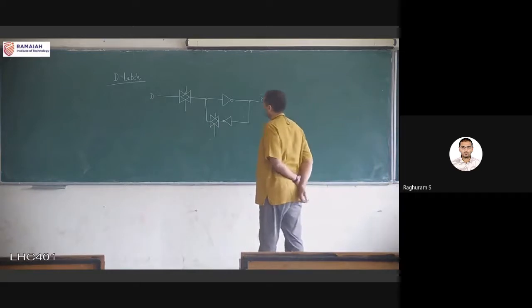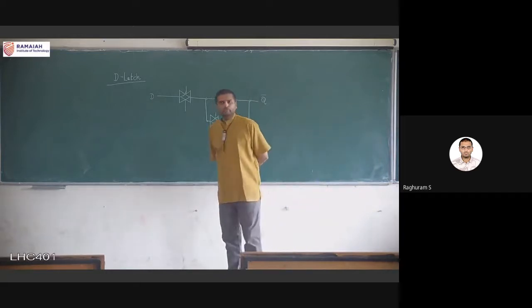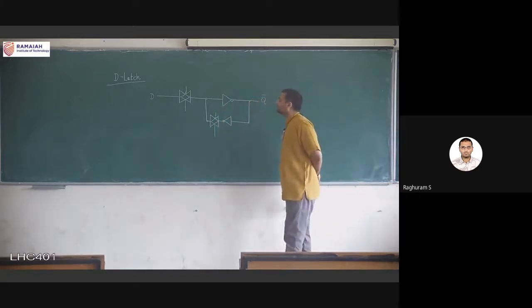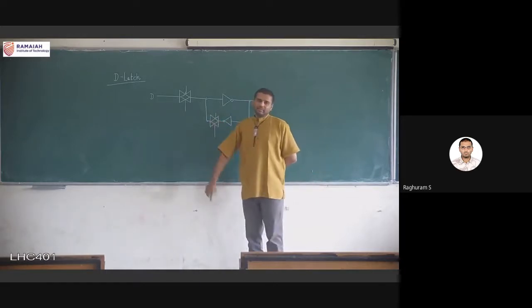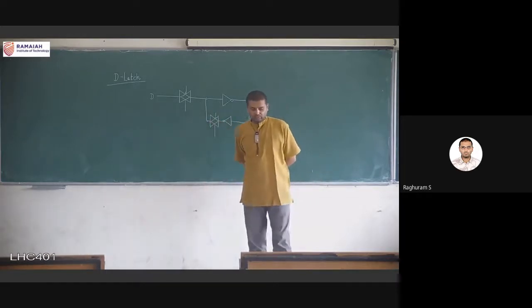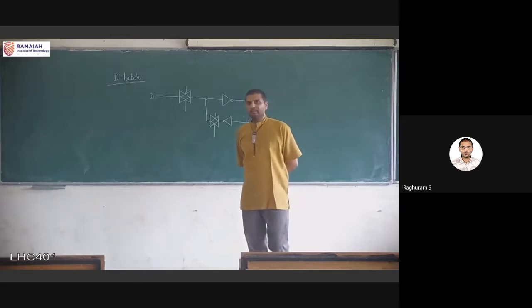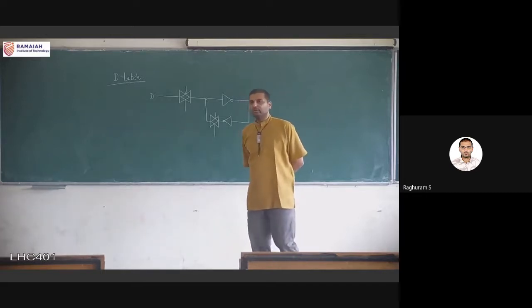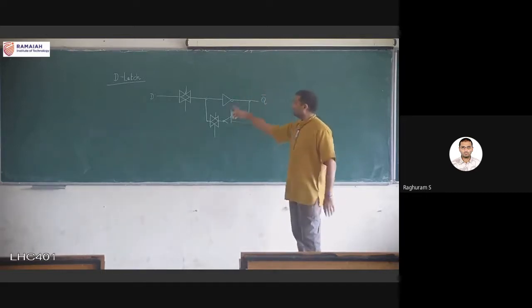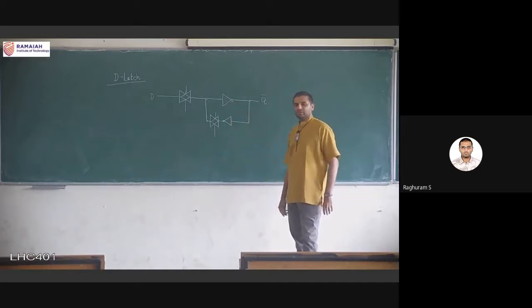Okay, so very simple circuit, and we just discussed these two, the transmission gates. So transmission gates are used for implementing the latch circuitry, and these two are nothing but our static CMOS inverters.